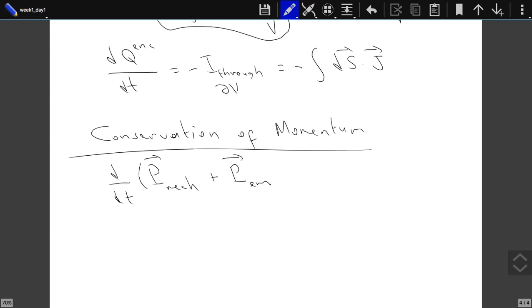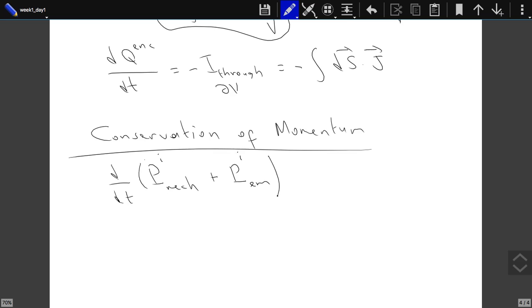Well, let me just do one more thing. I know that each component of momentum should be conserved, well, each component should be separately conserved. So rather than looking at the momentum vector, I can look at the i component, the x component, y component, or z component. So this should be equal to, well, I can keep the volume finite straight away from the beginning.